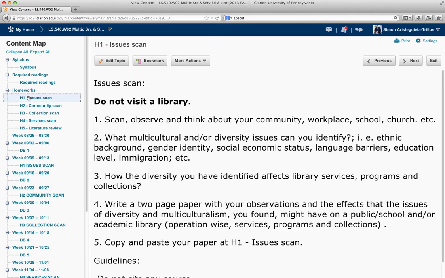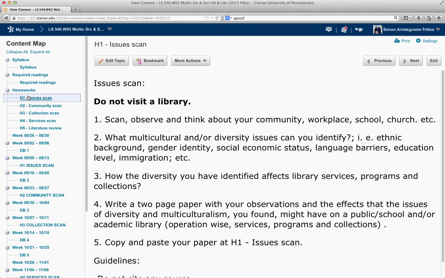For example, when I think about Clarion, I think how that may affect our public library. I already pointed out some issues in terms of social economic differences, church affiliation differences, and education level differences that I can see. There may be others too.